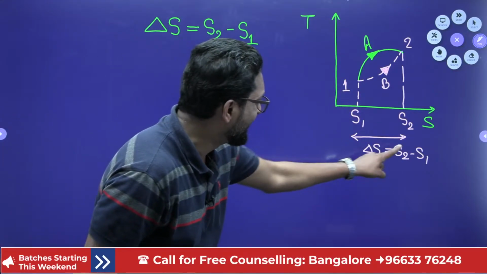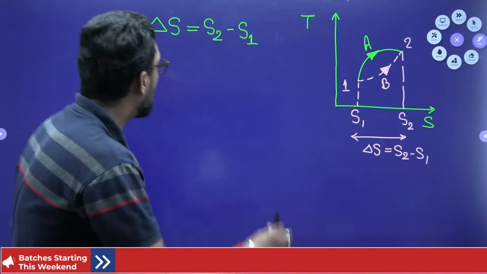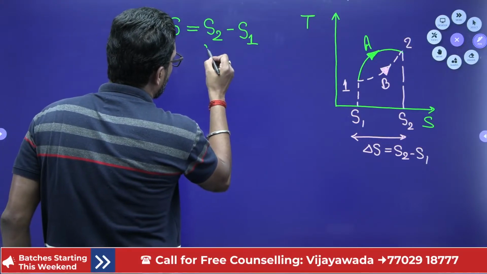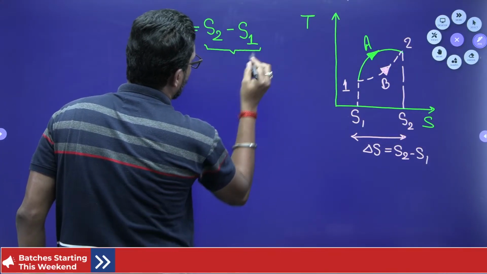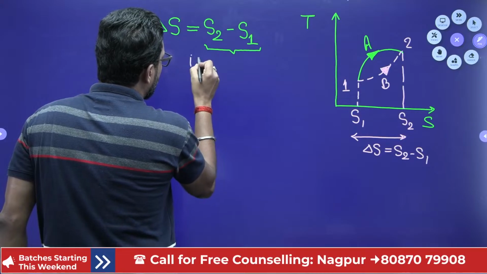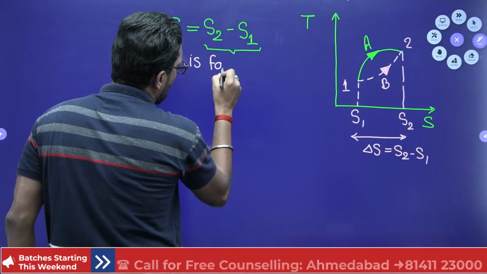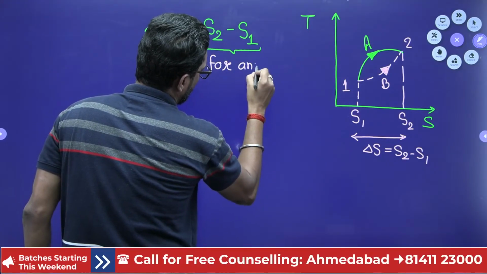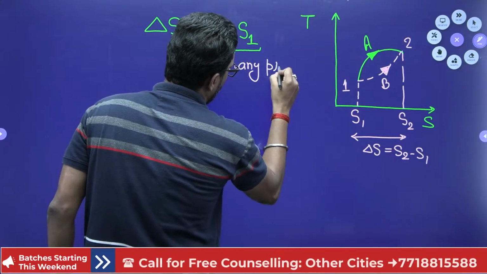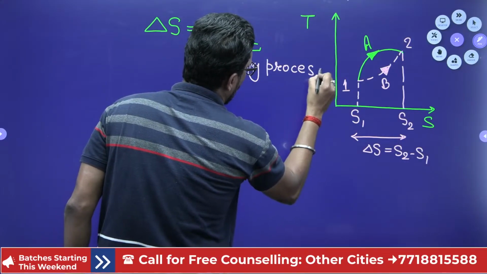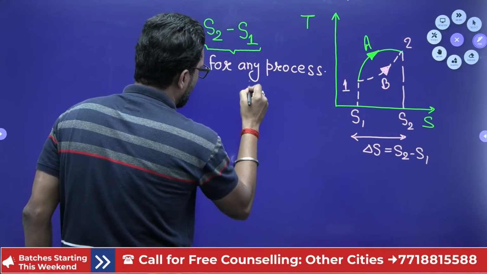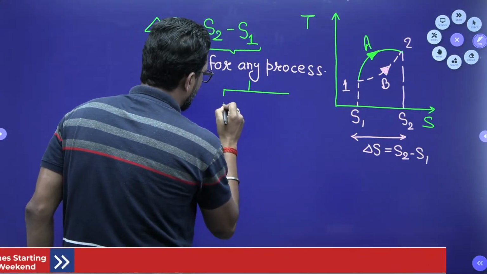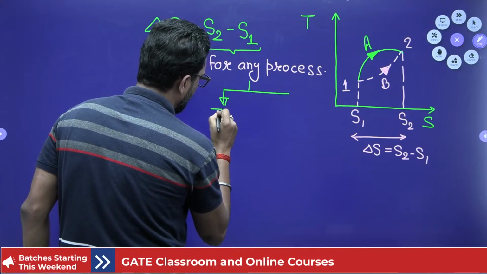That means delta S is equal to S2 minus S1 is for any process. What is any process? Either reversible or irreversible.